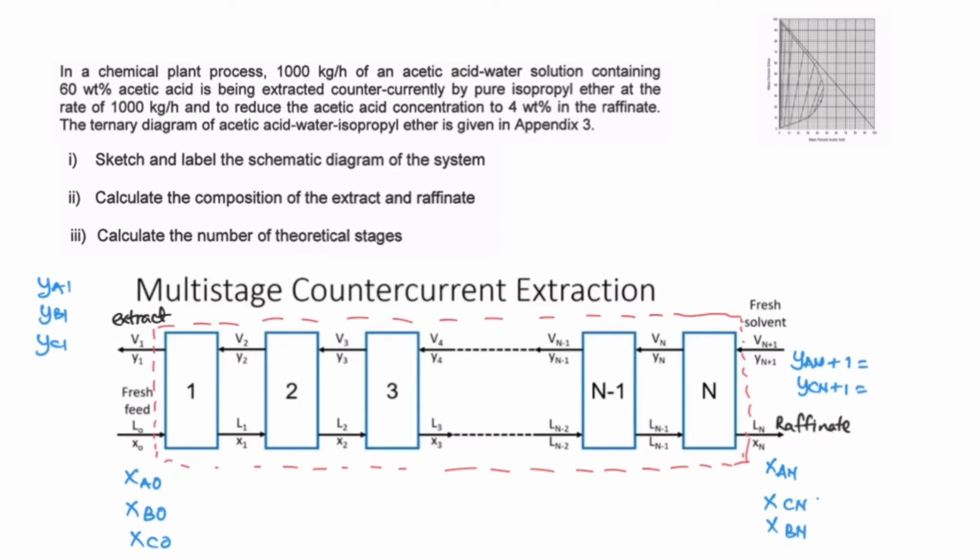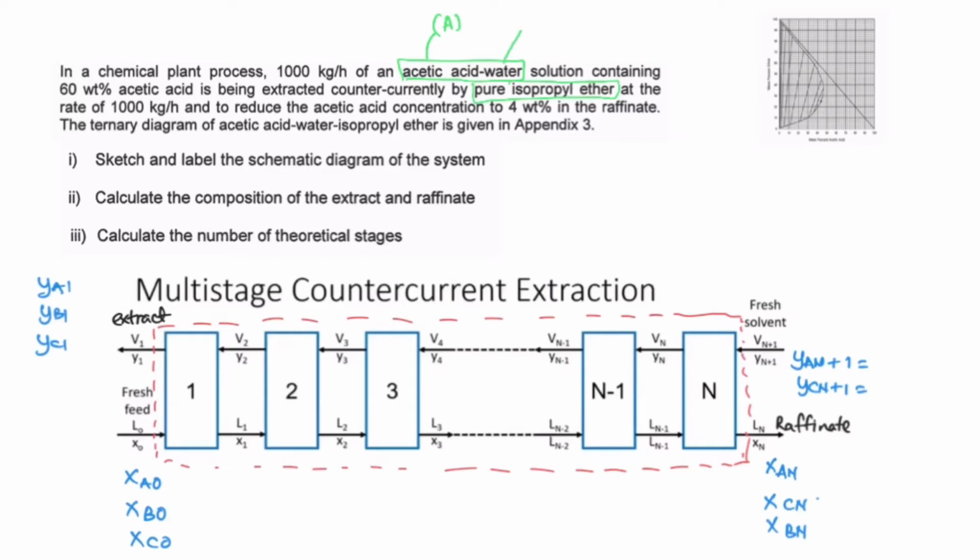By looking at the question, you are given an acetic acid water solution. So you are given a mixture of acetic acid and water. When you read some more, you are also given pure isopropyl ether as your solvent. In this case, you're going to label acetic acid as your solute because this is what you are interested in.